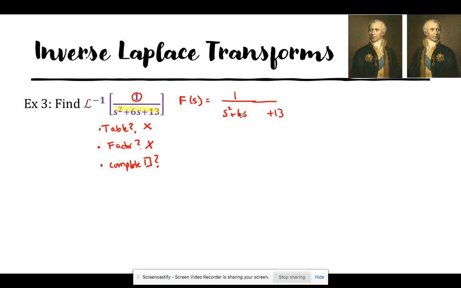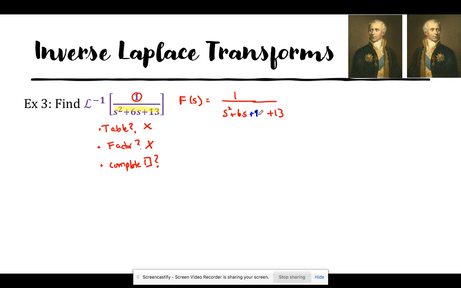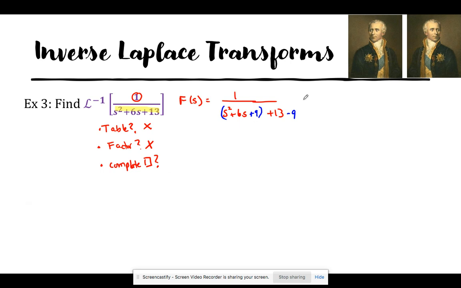You need to divide 6 by 2, square it, and add 9. So if I add 9 here, how do I have to balance that? I don't have an equation where I can just add 9 to the other side. Yeah, balance it out right here in your expression by subtracting 9. How does that help? Factor your perfect square trinomial.